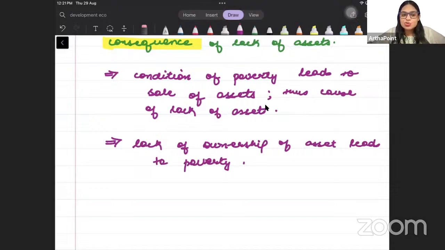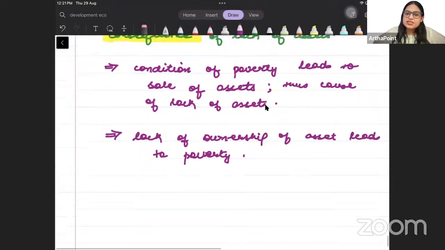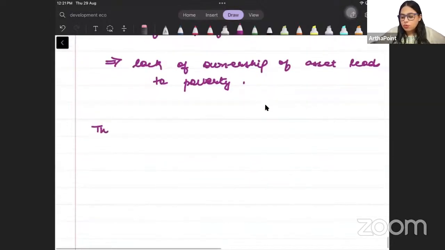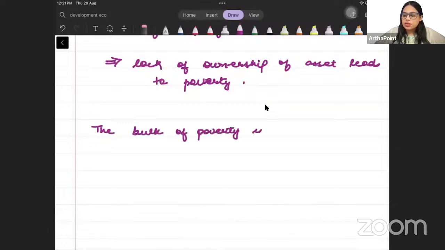They are associated with poverty. So we can say that the bulk of poverty in rural area is associated with landless farmers.